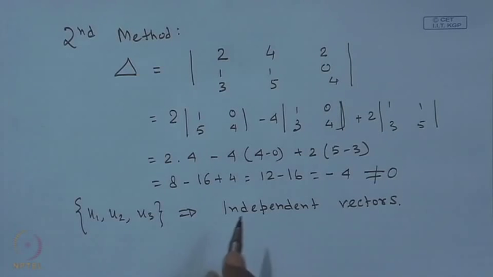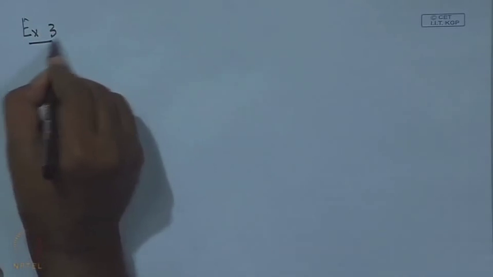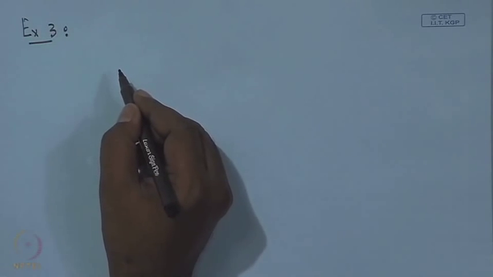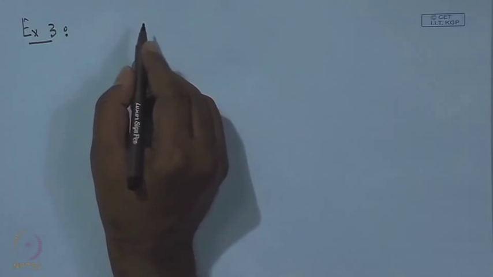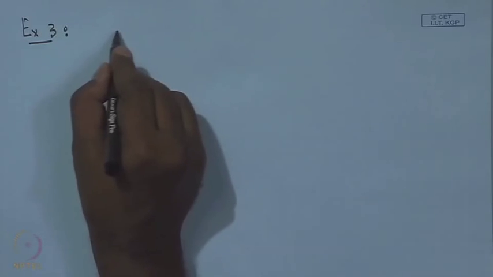So, from both the methods we come to the same conclusion. Now, I have another problem, example 3 maybe. We have two vectors available in R3 space.